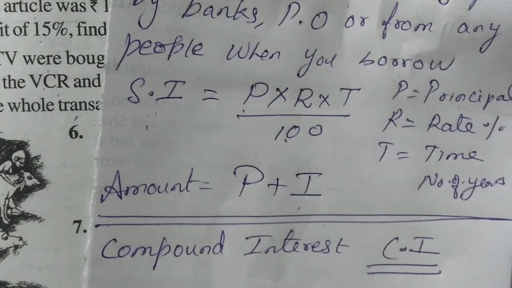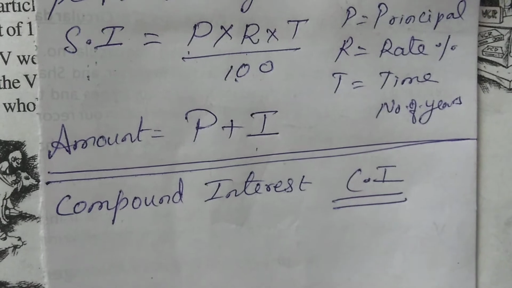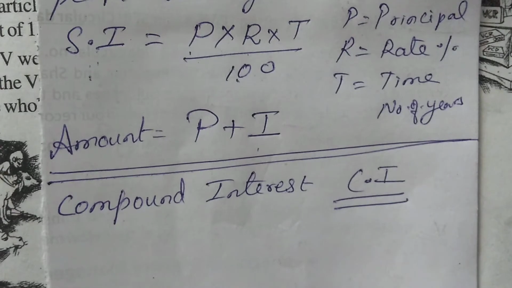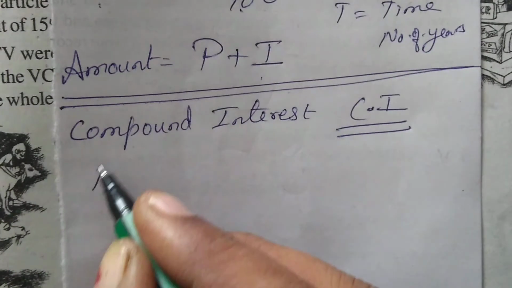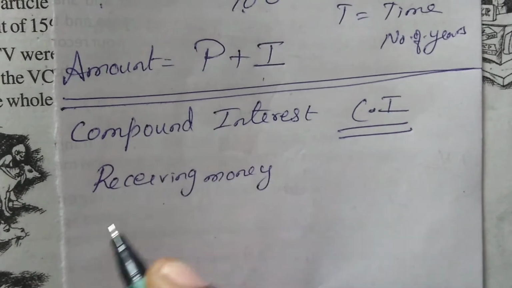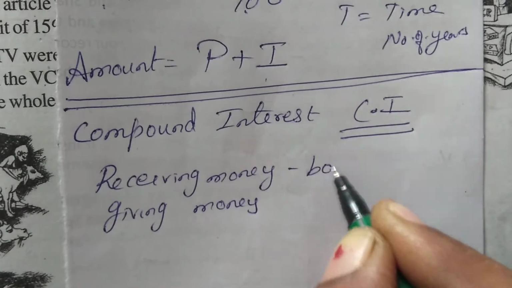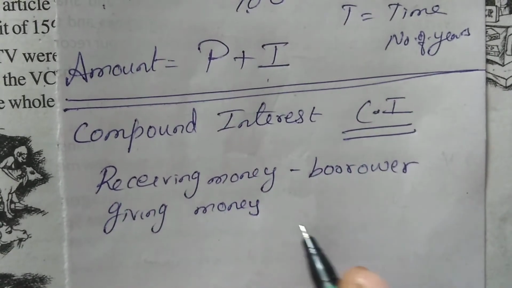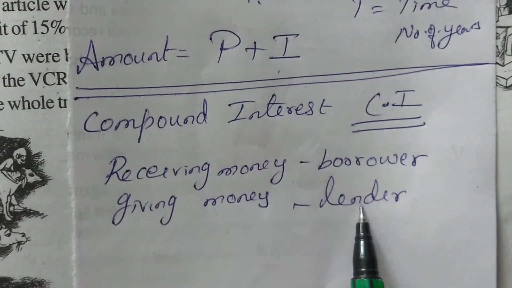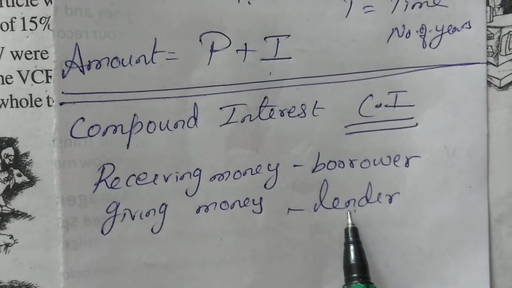In simple interest, like in post office, in bank, the borrower and the lender, that is, who is receiving money we call the borrower, who is giving money we call the lender. They both agree to fix a certain unit of time, like 1 year, half year, or 1.5 years, to settle the amount.